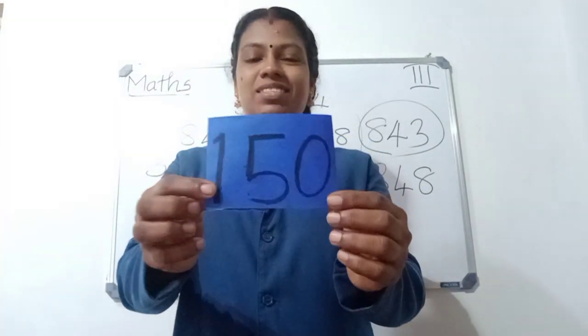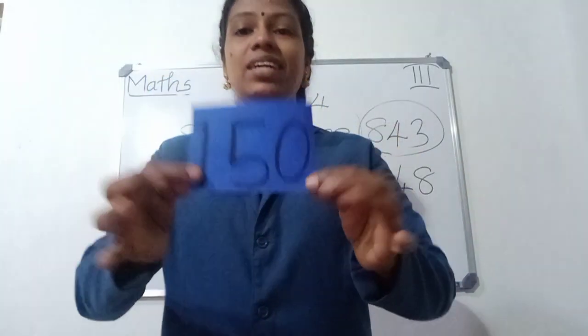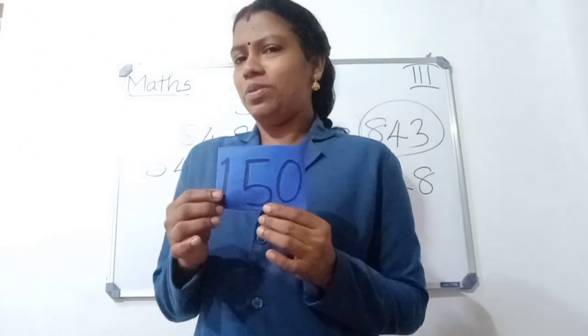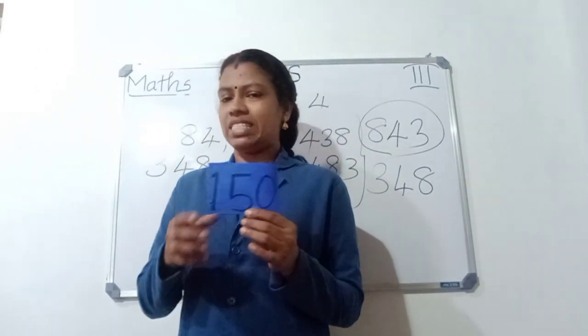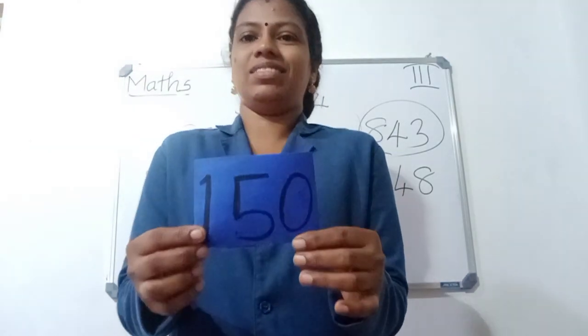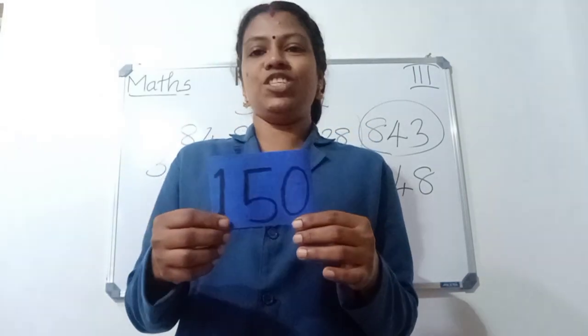Then look at the number. What is this? What's the number? It is 150. Can you tell the name in terms of century? 150. How can we say the name in terms of century?